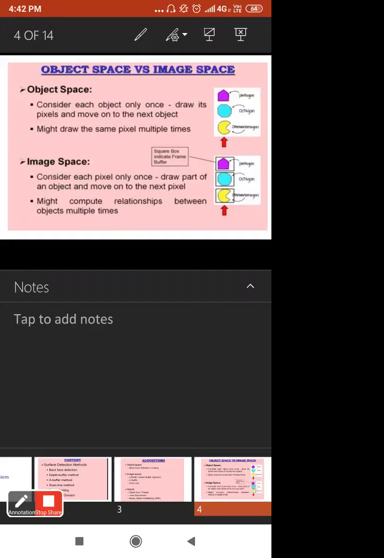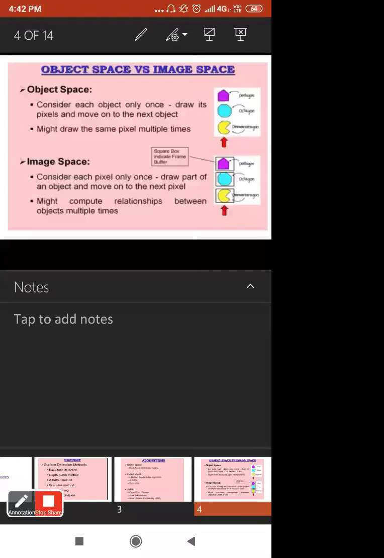In object space we consider each object only once, draw its pixels and move on to the next object, and it might draw the same pixel multiple times. Similarly, in the image space, it considers each pixel only once.